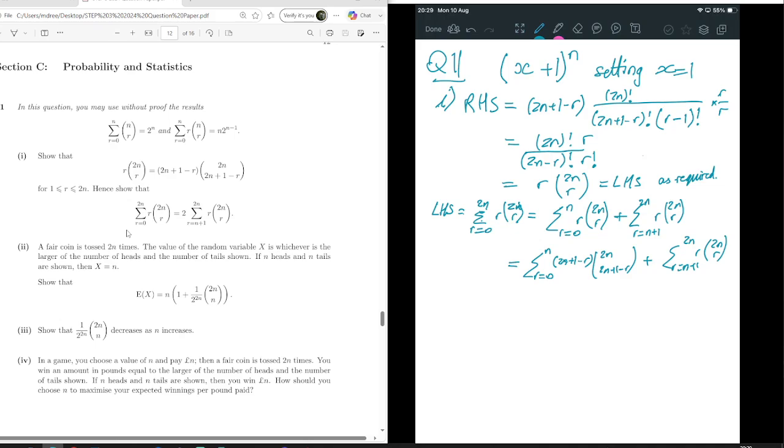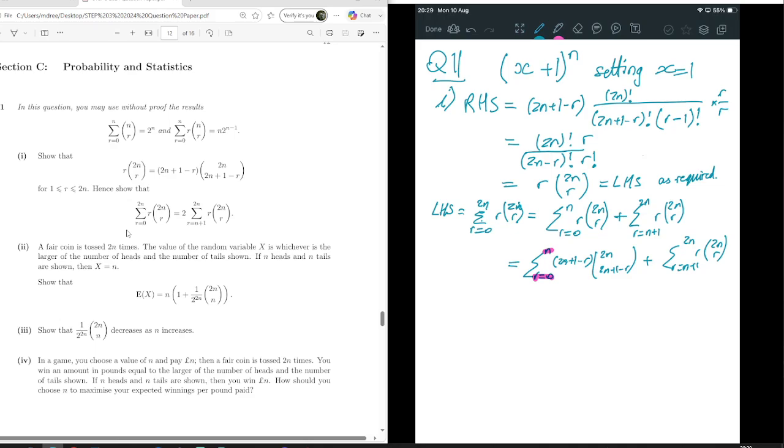I basically want to change these limits. So when r is 0, I've started my sum at 2n plus 1. Is that right?